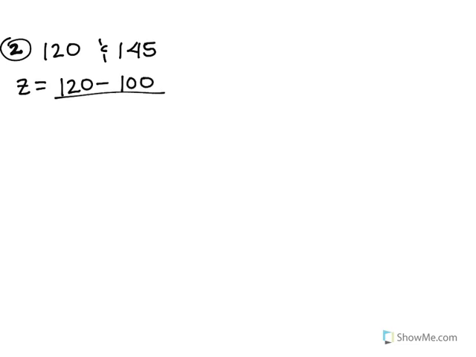Number 2, we're keeping the same mean, same standard deviation, but I'm changing where I want to find the percentage between 120 and 145. How many people have an IQ between 120 and 145? So make some z-scores. 120 minus 100 divided by 16.